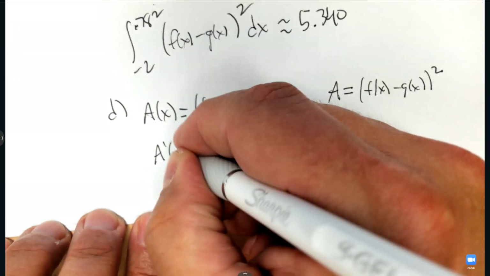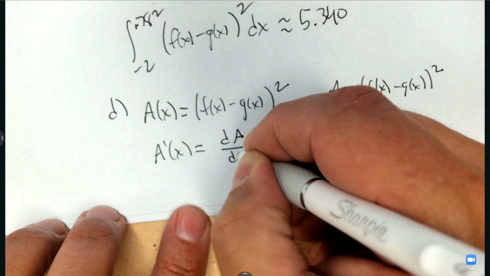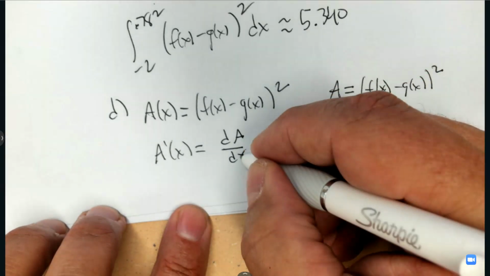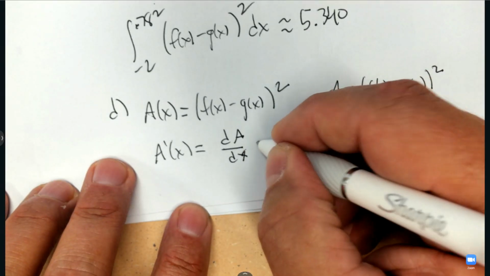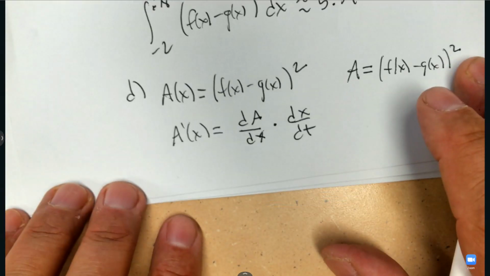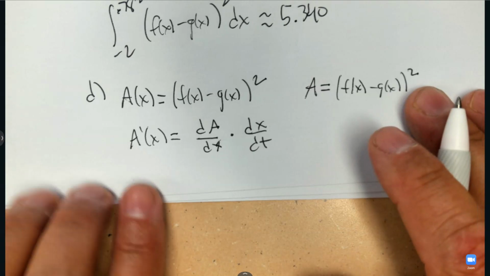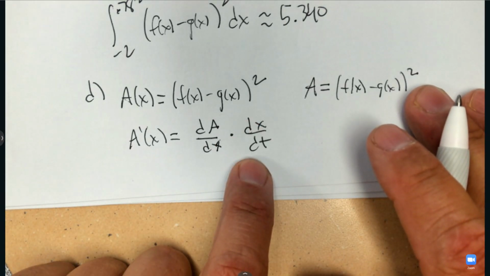So when I take the derivative here, it's the derivative of the area with respect to time, we need to do the hook for x, which is dx by dt.